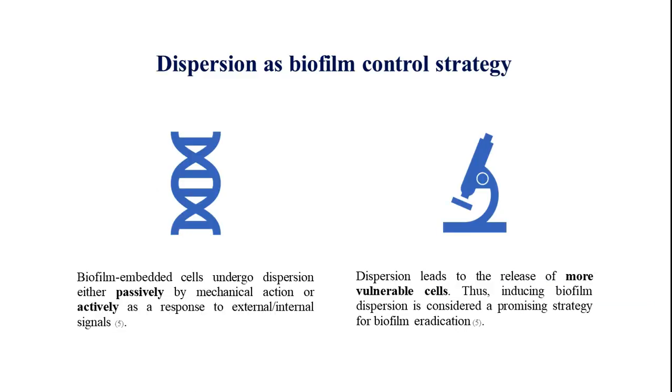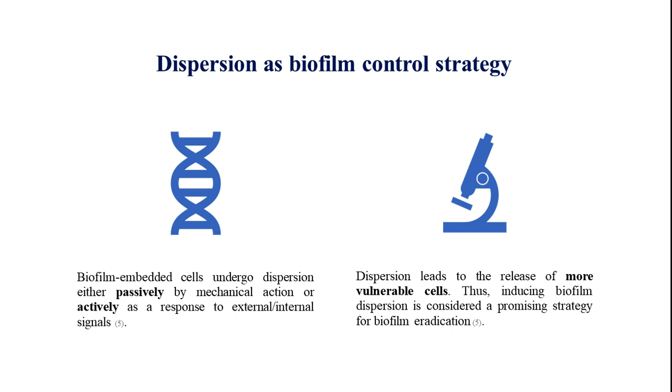So now, the dispersal: how can biofilm dispersion be used as a biofilm control strategy? First, biofilm-embedded cells undergo dispersion either passively by mechanical action or actively as a response to external or internal signals. During dispersion, the biofilm releases more vulnerable cells to the environment.